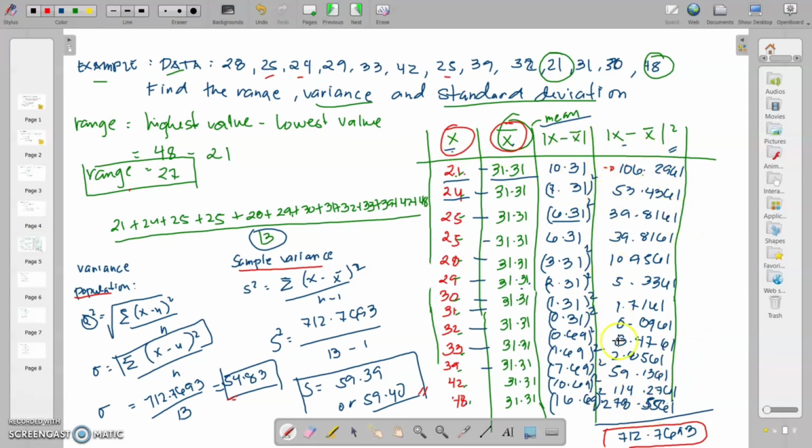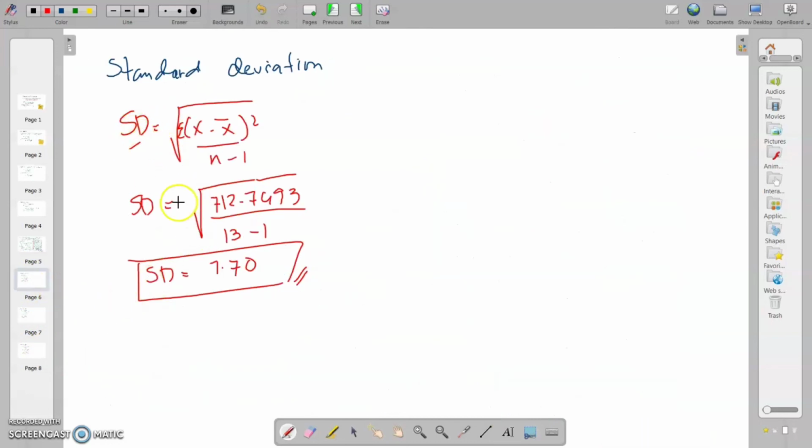And summation of this or the total sum of this is equals to this formula. So, this para makuha si sample variance and the population variance. So, SD, ito ang formula, square root of summation x minus x bar squared over n minus 1. So, that is the standard deviation, and thank you, and God bless.